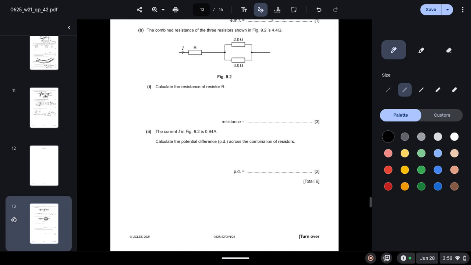The combined resistance of the three resistors shown in figure 9.2 is 4.4 ohms. Calculate the resistance of resistor R. So the total resistance of this complete combination is 4.4 and we have to calculate for R. First let's calculate the resistance of these two. 1 upon 2 plus 1 upon 3.